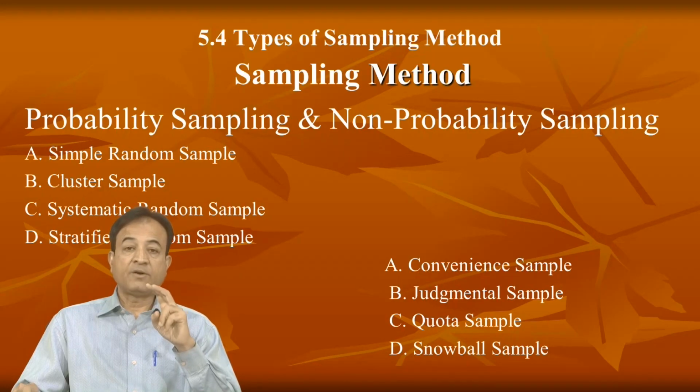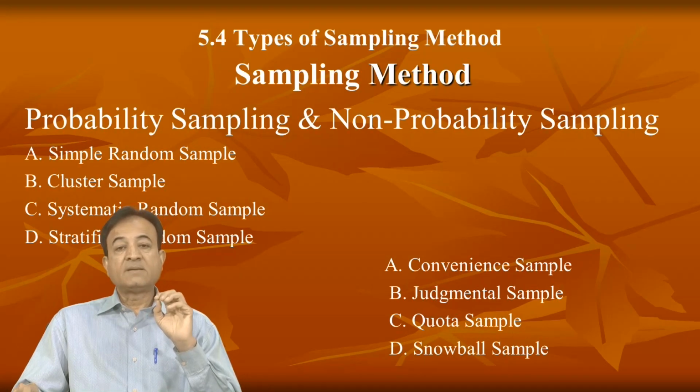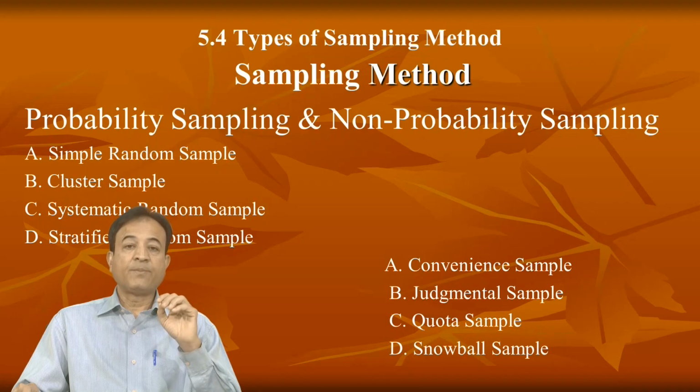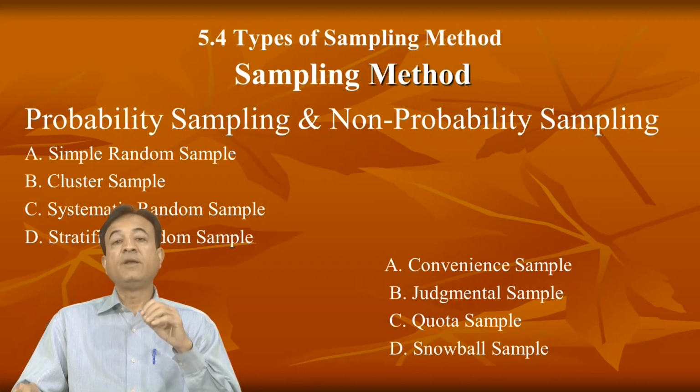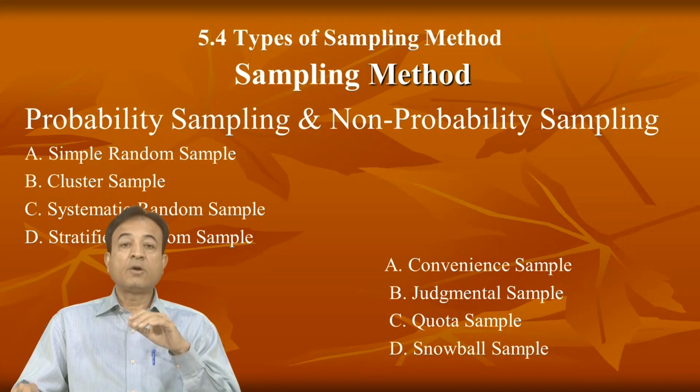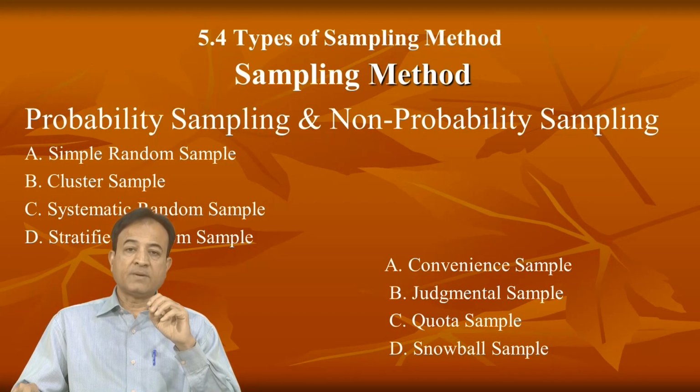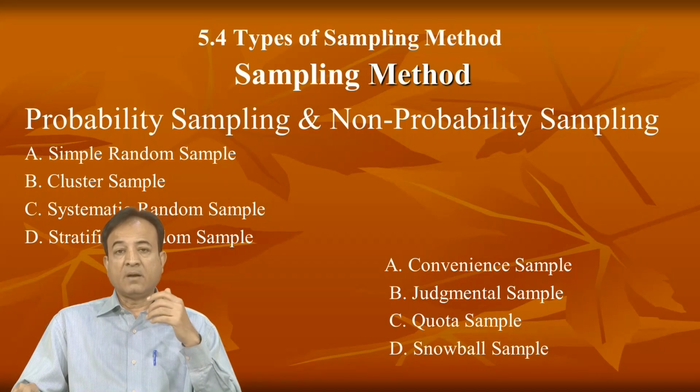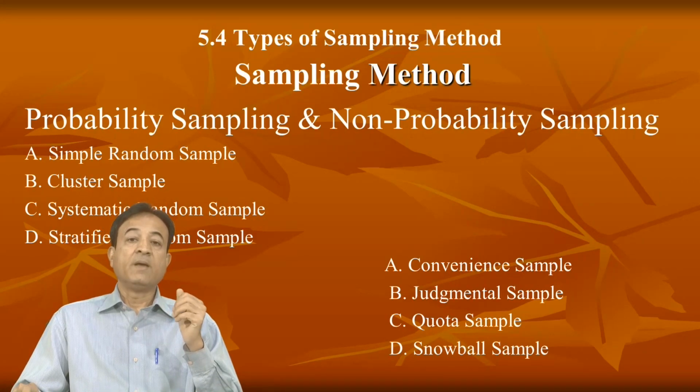Second, judgmental or purposive sampling. It is the sampling method to be used by researcher to select the sample based on their judgment or purpose of research. Such samples are formed by the discretion of the researcher.